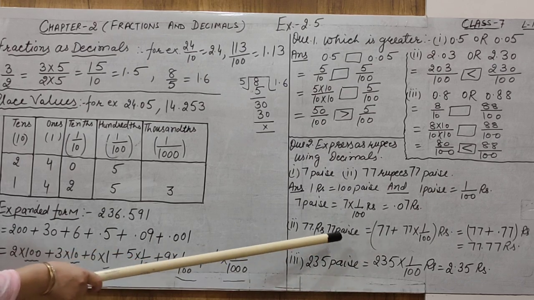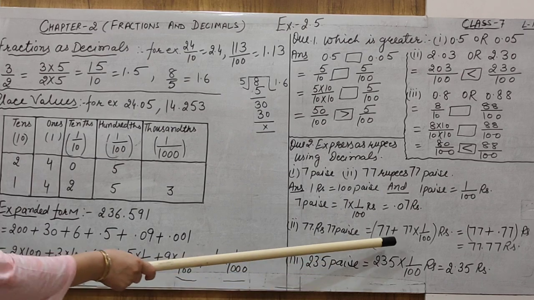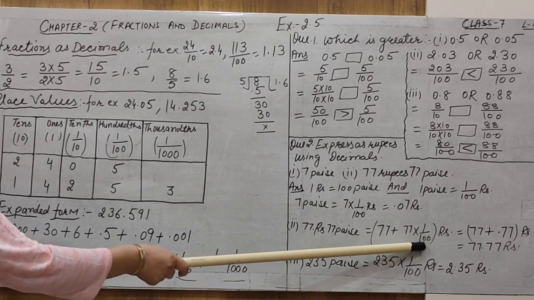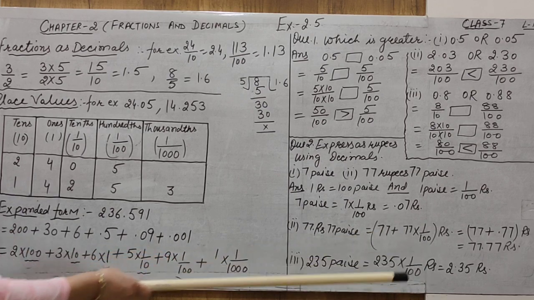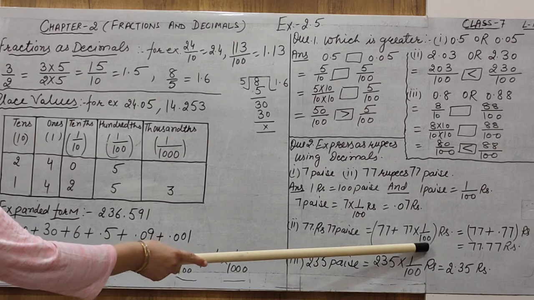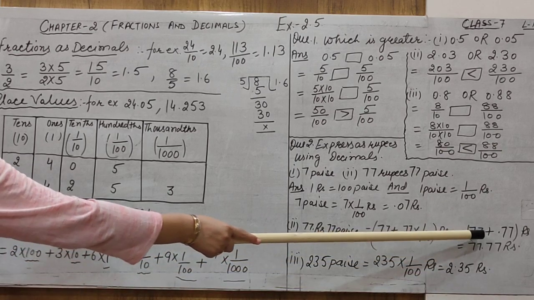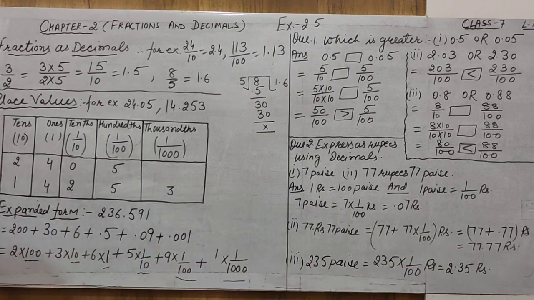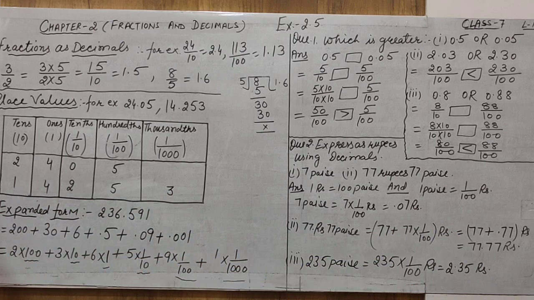Alright, plus this 77 which we have to convert into rupees, that is added by changing the units. So when we convert paise into rupees, we have to multiply it with 1 upon 100. Alright, when there are 2 zeros in the denominator, where we have to place the decimals? Decimal is placed before 2 digits. Alright, so we get 77 plus 0.77 total rupees.